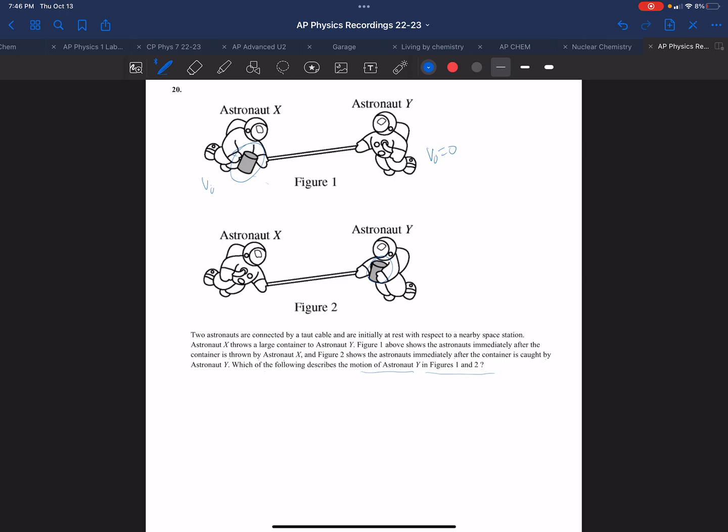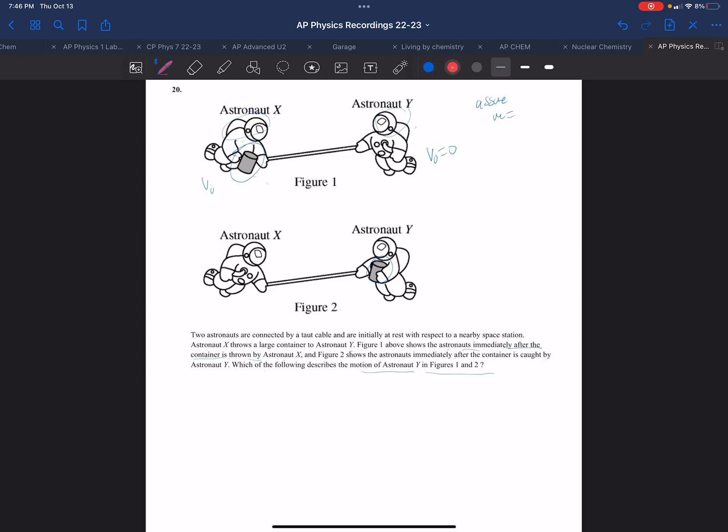Now, since we have these different bodies here, we have these two bodies here. There's a center of mass that's going on. Now, remember it says throws the container to Y. Shows the astronauts immediately after the container is thrown. So our system consists of astronaut X and astronaut Y. And we could assume for a moment the masses are equal.